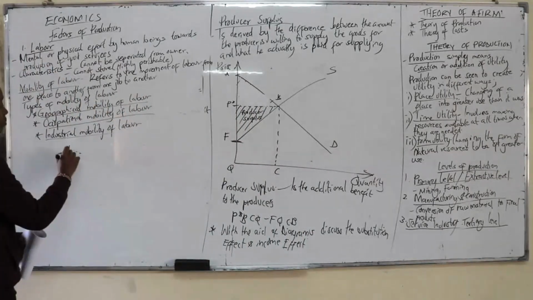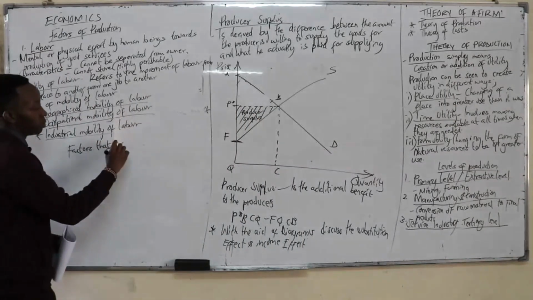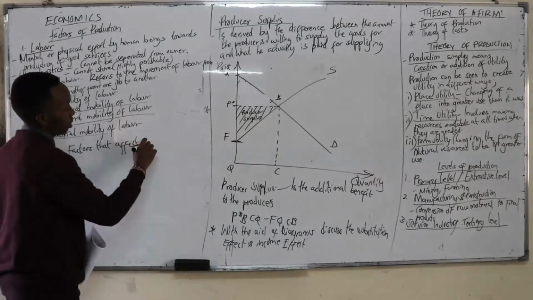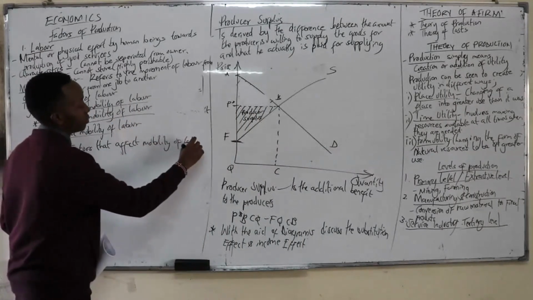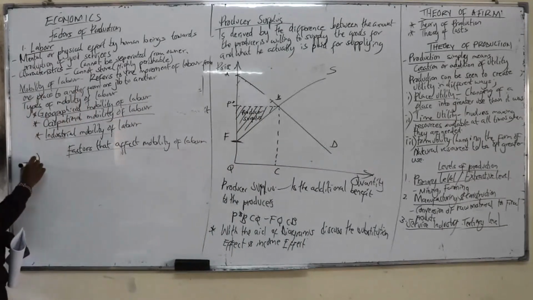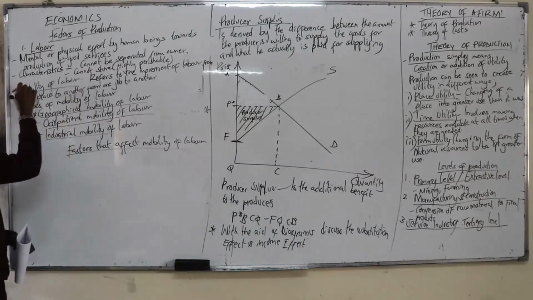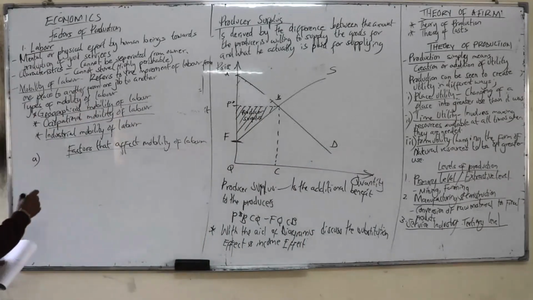So these factors that affect mobility of labor include, you can only get a better job if probably you are educated. You have higher chances of getting that job also.